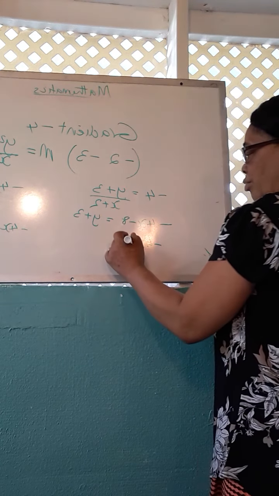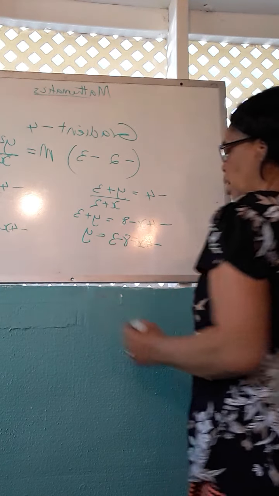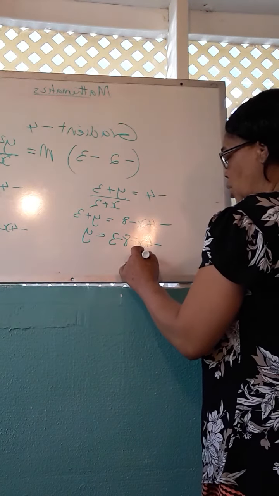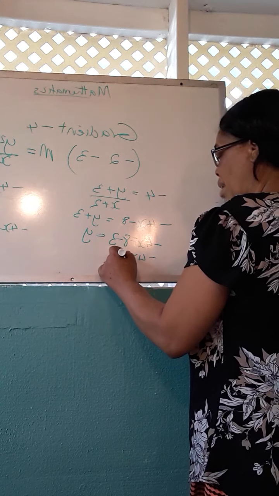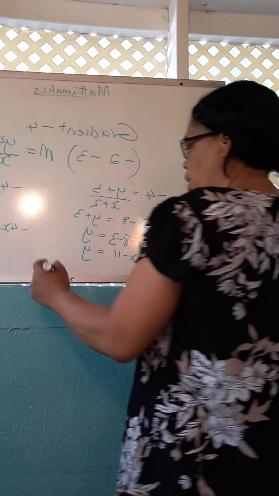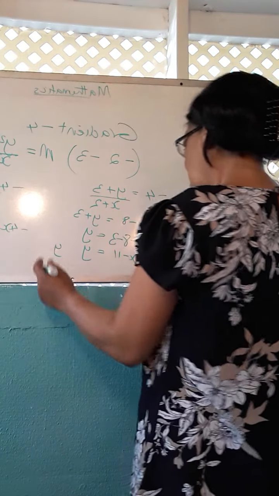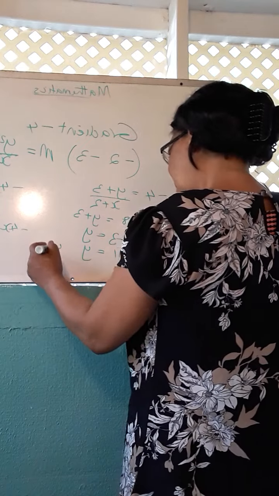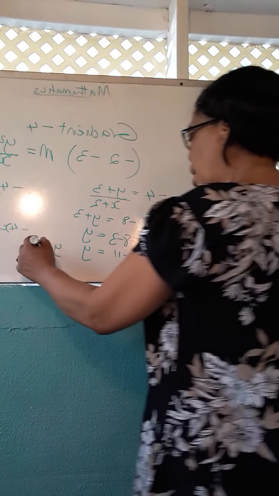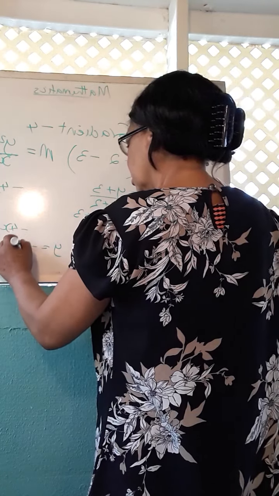If I bring over the 3, it's -8 minus 3 is equal to y. And so what I'm going to have here is -4x minus 11 equals y. So here goes the equation. The equation is going to give me y equals -4x minus 11.